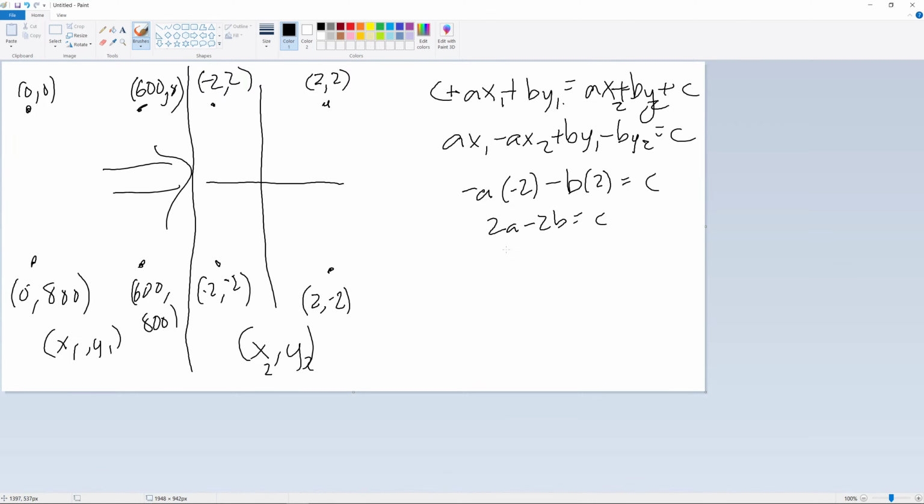Now let's plug in the 600. 600A minus 2A plus 800B plus 2B equals C. Simplifies down to 598A plus 802B equals C. And then one more.